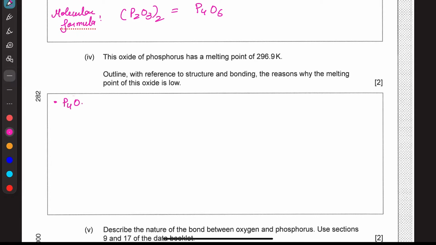So P4O6 is a non-polar, simple covalent molecule.